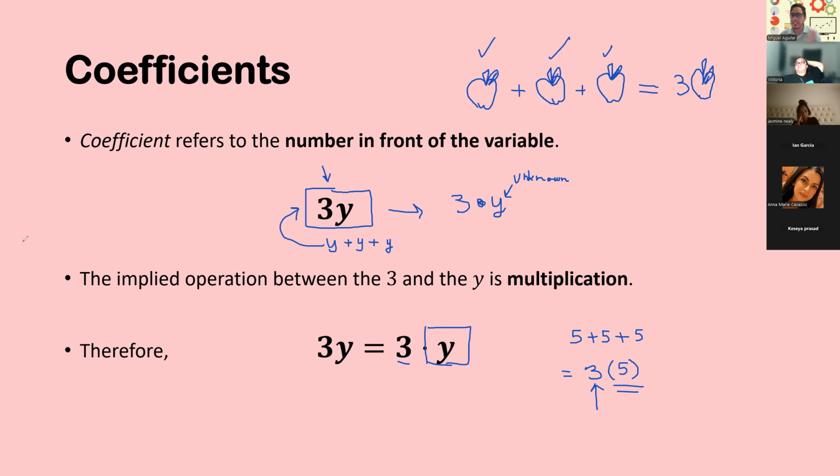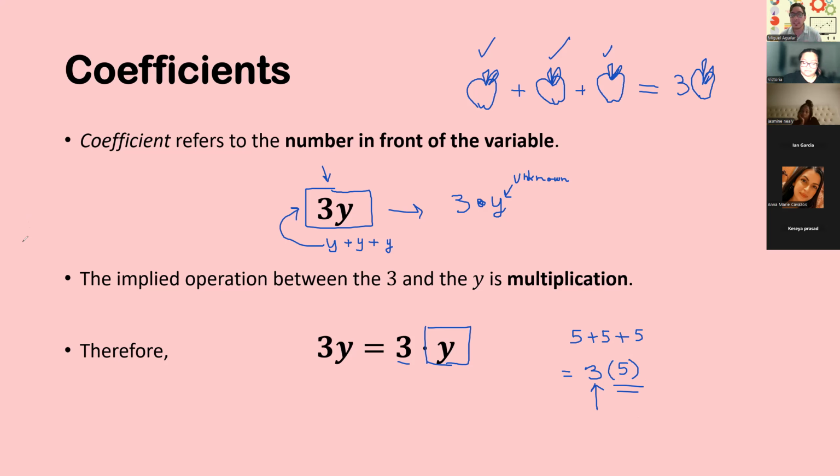I'm just trying to dispel this notion that it's crazy to have a placeholder. Because when I draw pictures of apples, it seems like baby math. Like that makes sense. But as soon as I replace that with a letter, students' eyes glaze over and they're like, I have no idea what's going on. But it is very simple, okay?